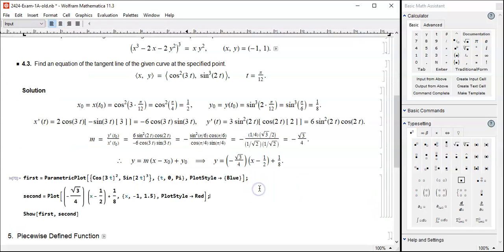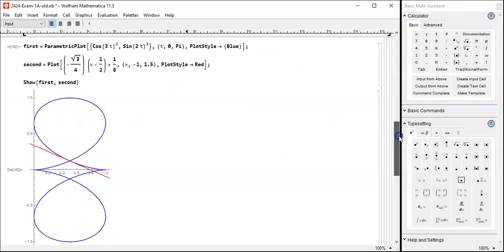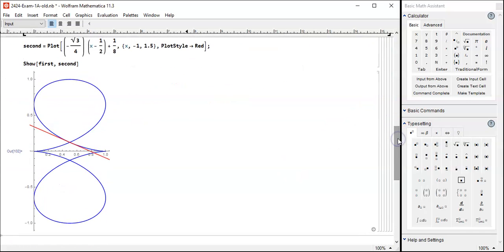Let me show the graph first. The graph kind of looks like this. X of t comma y of t represents the coordinate. So x of t comma y of t is changing as t, which represents the time, moves from 0 to 2 pi. So it moves like this, following my mouse.